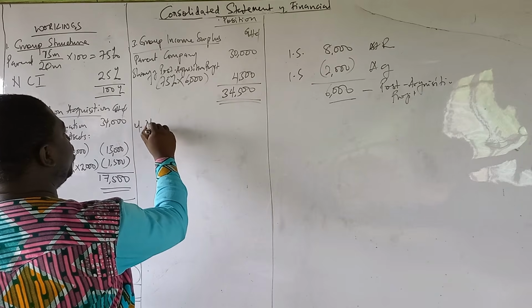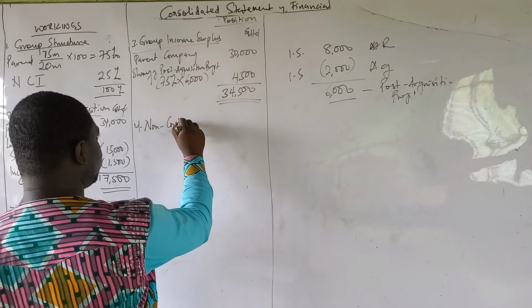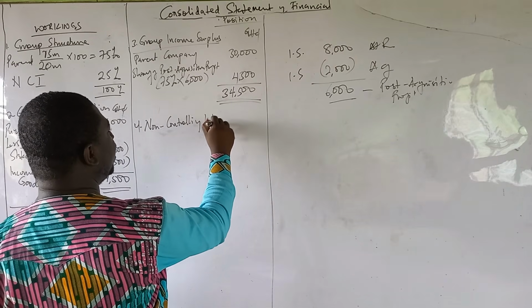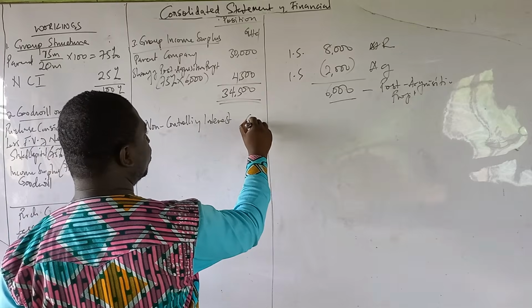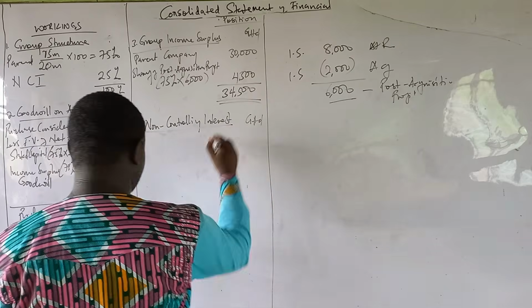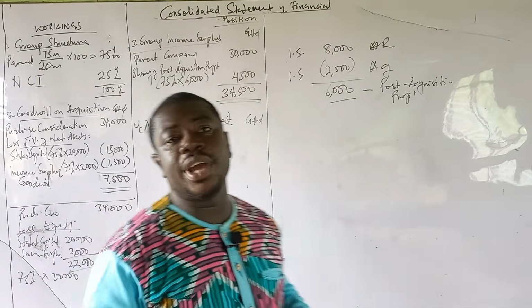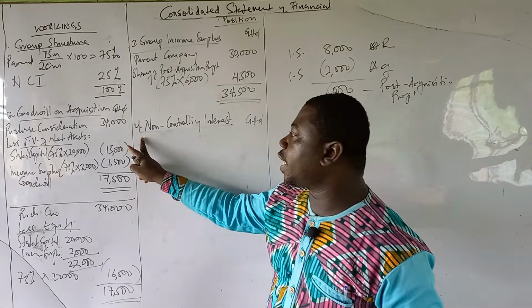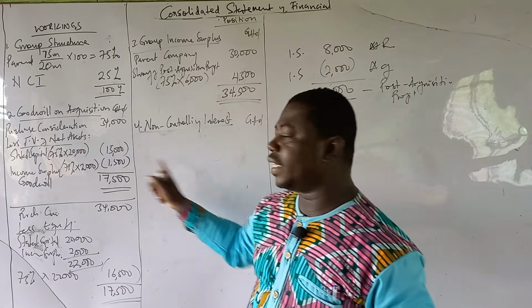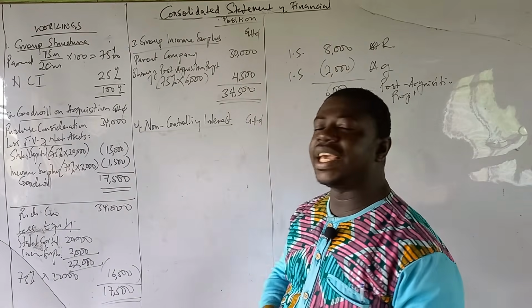And then finally, we look for the non-controlling interest at reporting date. The value of non-controlling interest at reporting date. Now, we have always known that it is the share of the stated capital and the share of the income surplus.